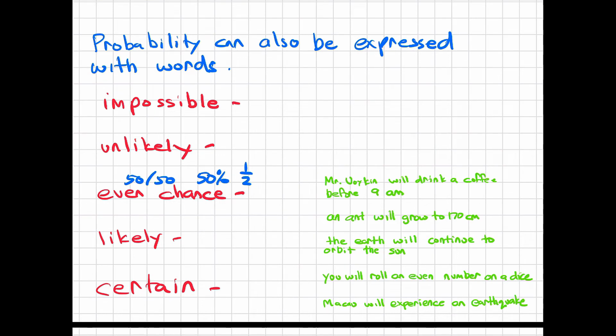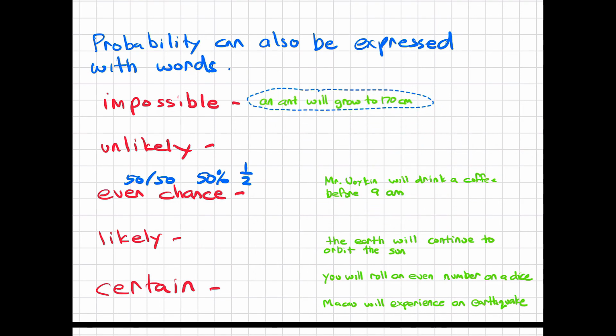Over here on the right, I've got a list of events, and we just want to categorize these as impossible, unlikely, even chance (50-50), likely, and certain. Which one of these would be impossible? You should be able to see that it's pretty much impossible that an ant is going to grow to be 170 centimeters.